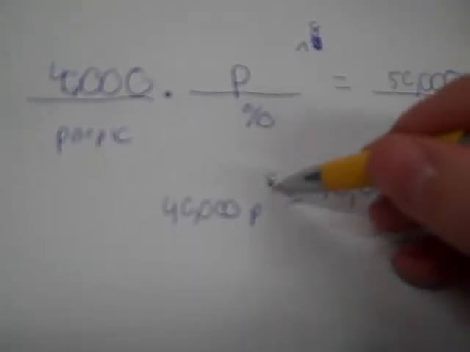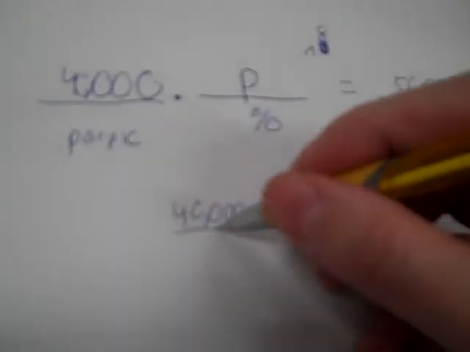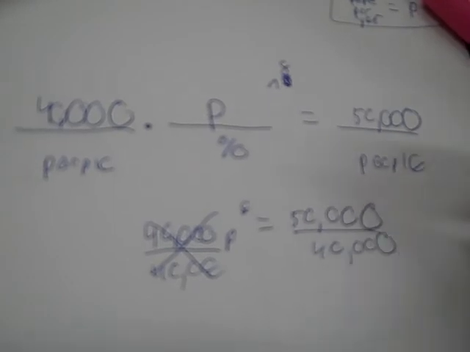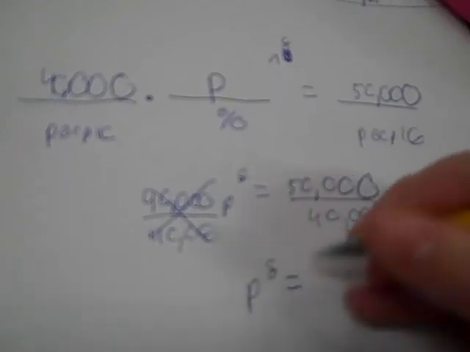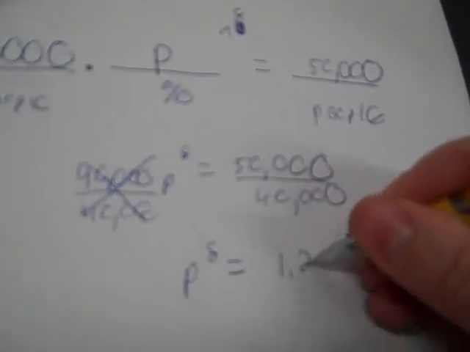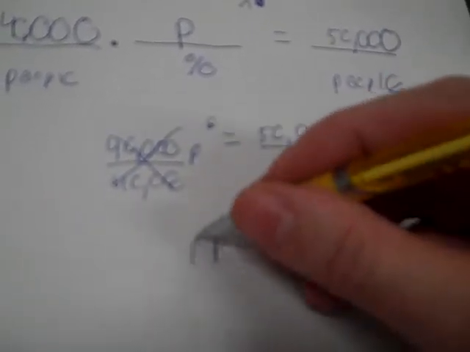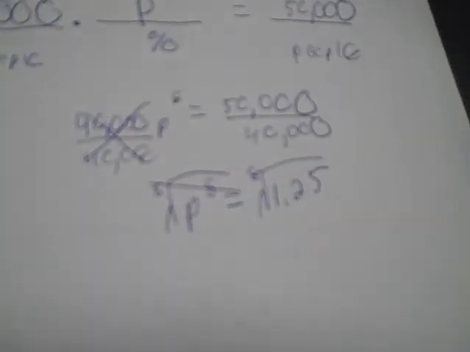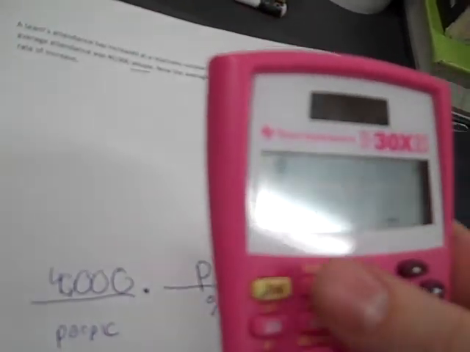Then I got to get that power by itself, so I divide by 40,000, because I'm going to use an 8th root, but first I have to divide. So 50,000 divided by 40,000 is 1.25. Now, for any whole power, we use a root, and I need an 8 in the index. So to find the 8th root, you go 8, second, caret, 1.25.